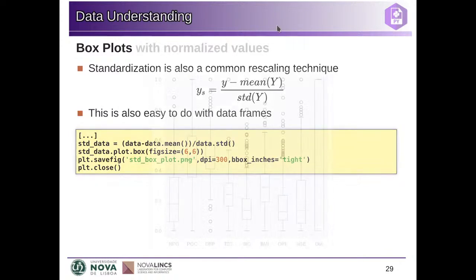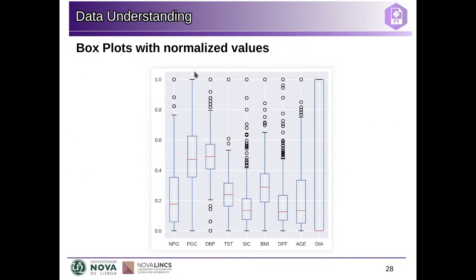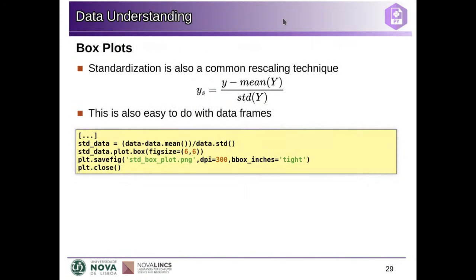Another alternative, because converting everything into zeros and ones may not be good for distributions like this that have many outliers, because now most of the distribution gets compressed into one extreme of the interval just because we have an outlier far away. So another way of doing rescaling is standardization.